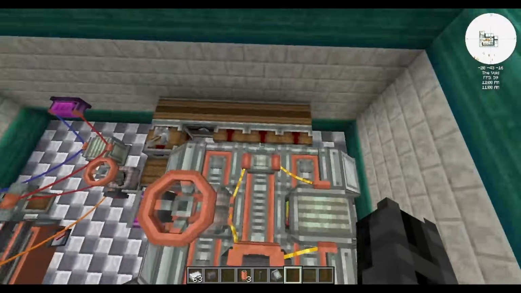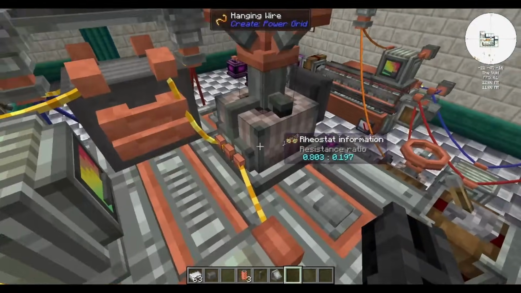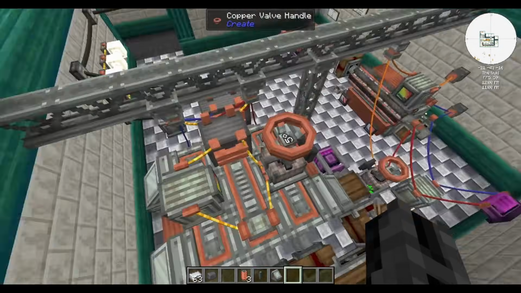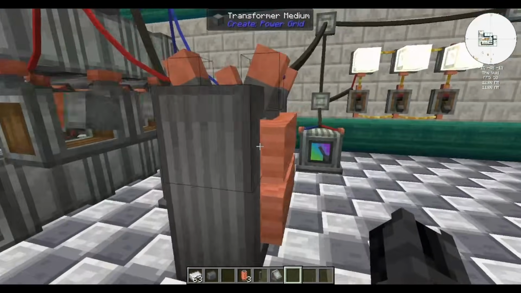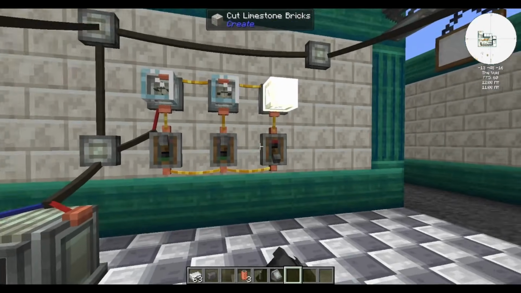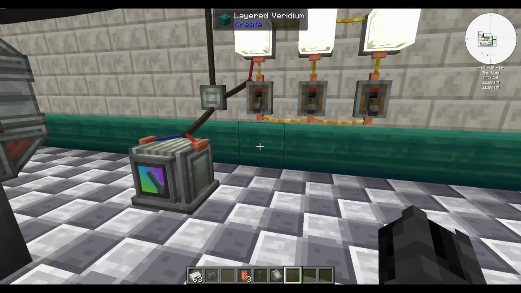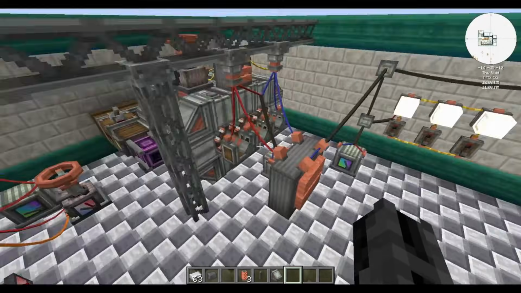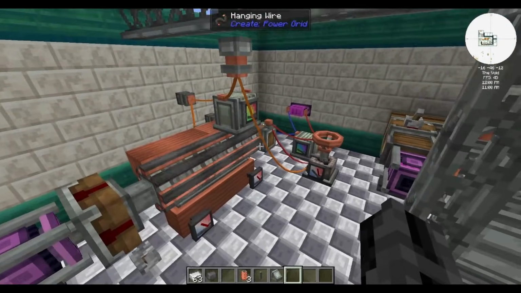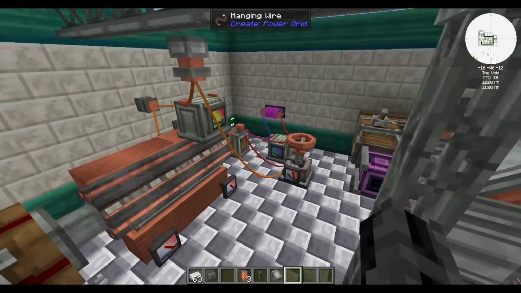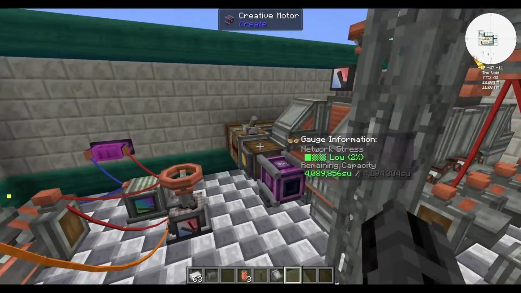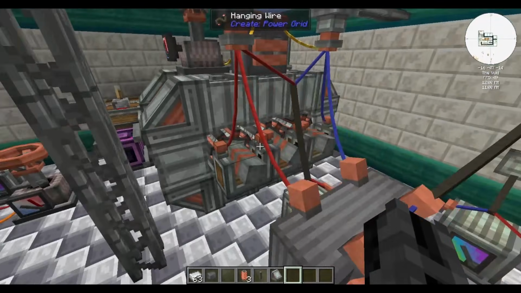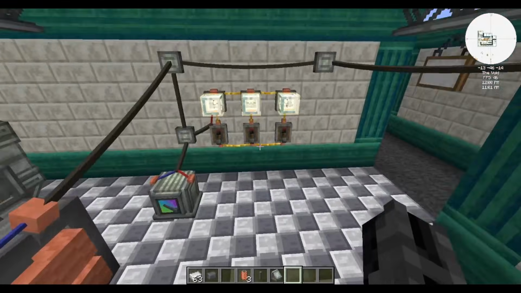Again, the same setup, rheostat in series, set to around, this one is around 1000 actually, because the voltage is higher. And then we step it down to 120, and we can connect as many loads as you want. Again, this one is going to be generating around 3 times the amount this one is. So it could be around 10 or 12 kilowatts. I would bet on the latter, a smaller number.